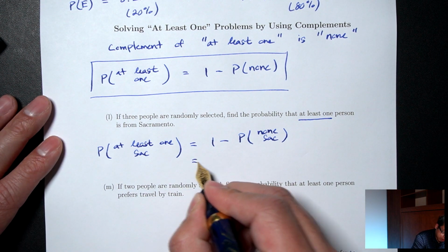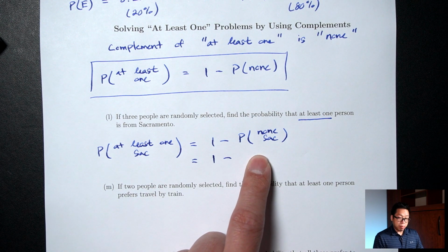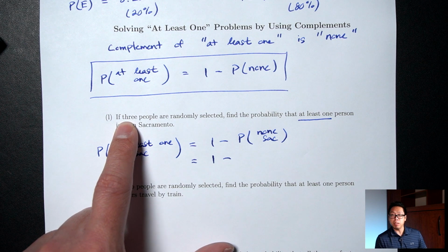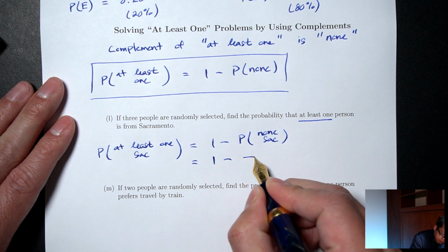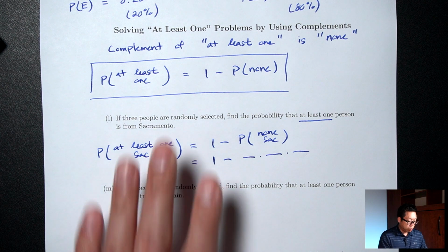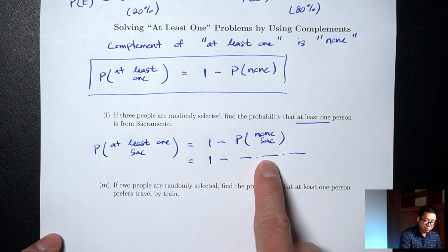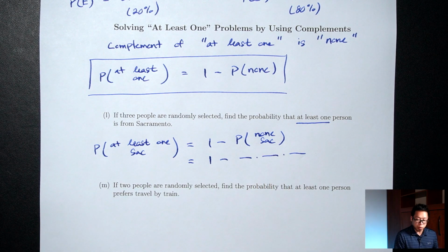So our answer is going to be 1 minus the probability that none of these people are from Sac. And we're talking about 3 people, which means I'll need 3 fractions. So 3 people, none of them from Sac, means I want not Sac, not Sac, not Sac.